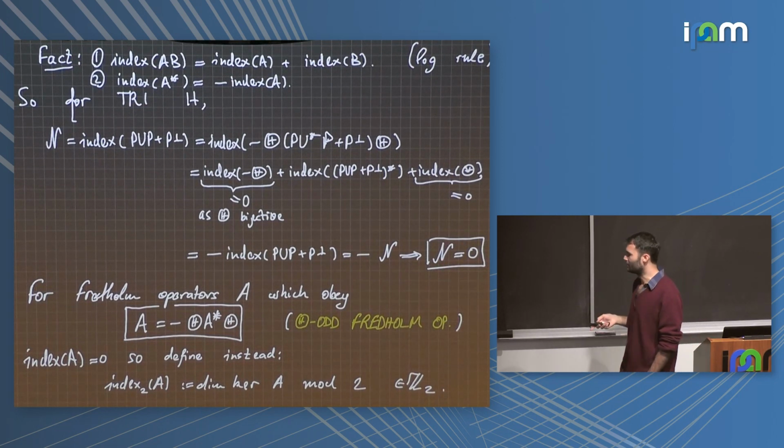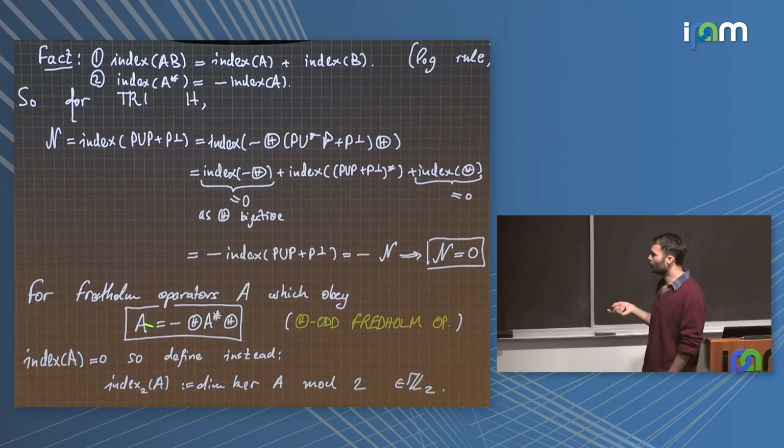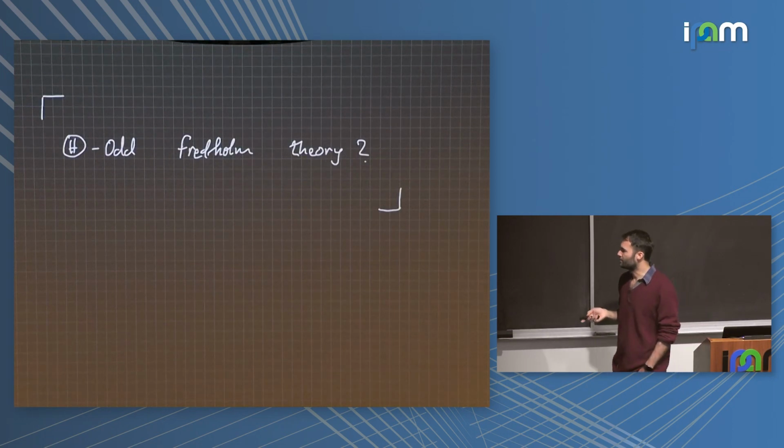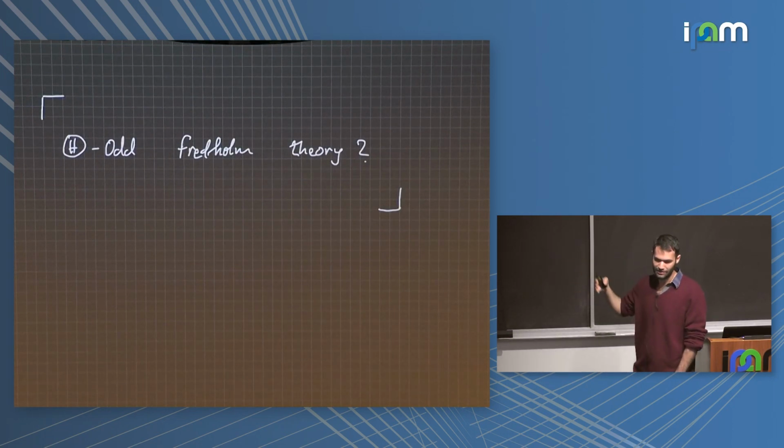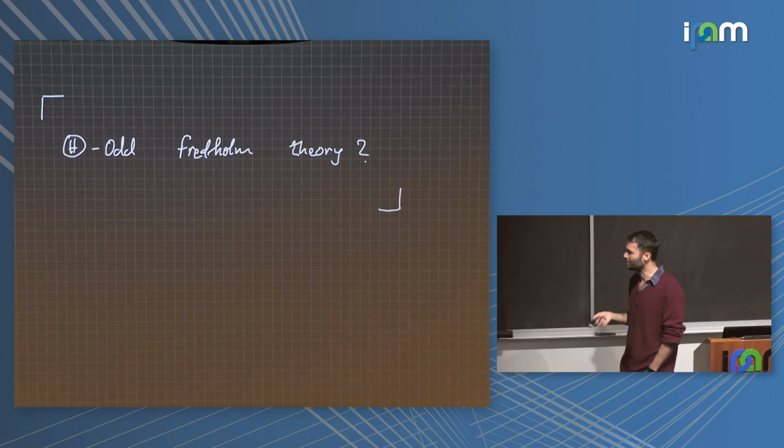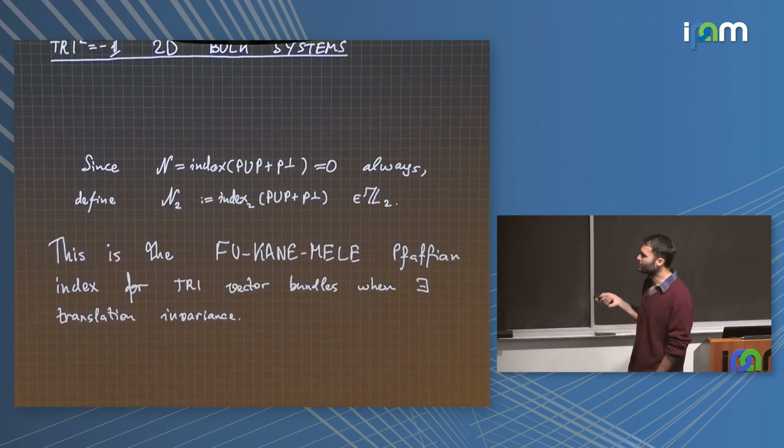Let me speed up a little bit. So anyway, for such operators that obey this constraint, one defines half the Fredholm index, which is a mod 2, Z2 invariant. And that is, again, another theory that is derived from Fredholm theory. Let me not get into that. But just in the time reversal invariant case, you define this half index of PUP plus P-perp, which is the Fu-Kane-Mele index.